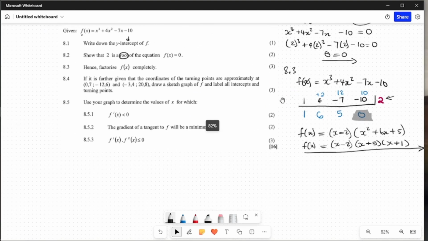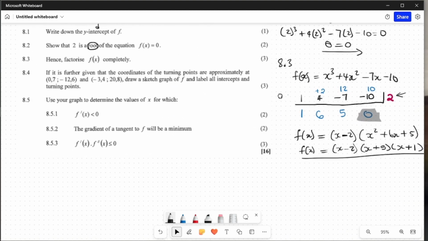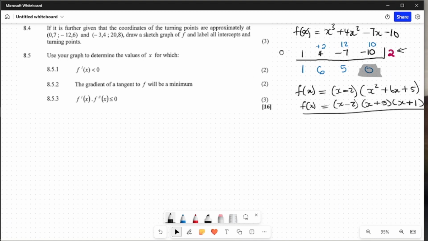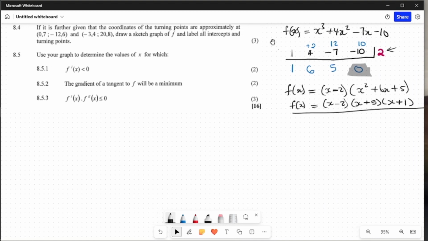Okay, the next question, which is question 8.4. Let's see. It is further given that the coordinates of the turning points are approximately, they give us the coordinates of the turning point. Sorry about that.